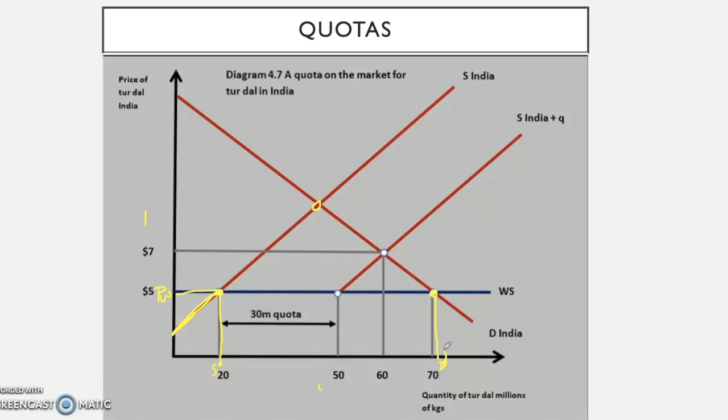Hence, we need to think about importing. However, if we were to import, it's 70 less 20, which is 50. If we were to ask for all of this 50 from the international market, it means that this would be destroying the local producers.